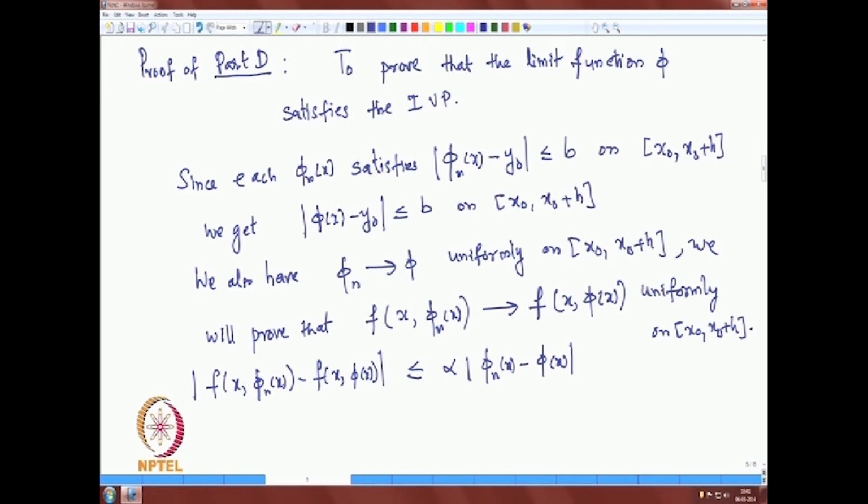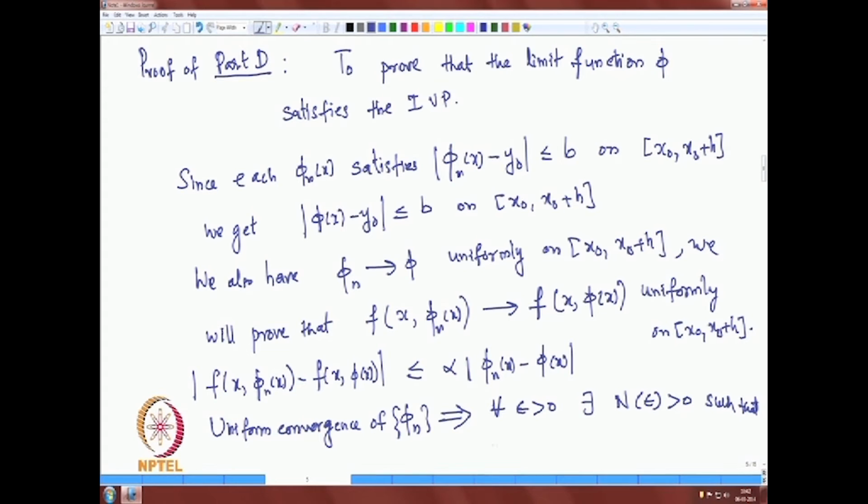So, uniform convergence of phi n implies that for every epsilon greater than 0, there exists a positive number N, and that N depends upon epsilon only, such that phi n x minus phi x, this difference, is less than epsilon for all n greater than N epsilon.